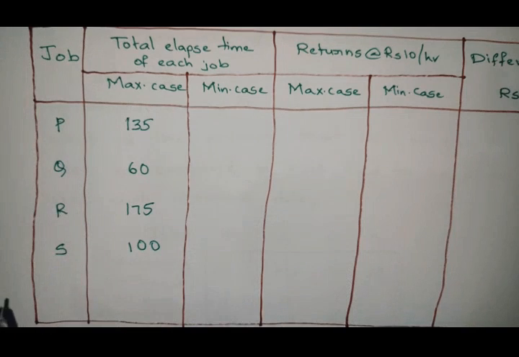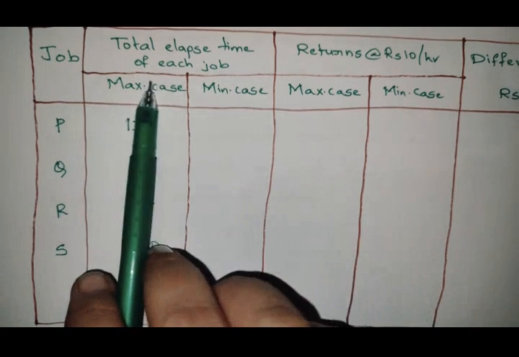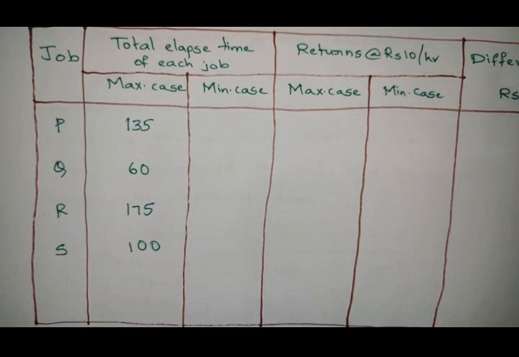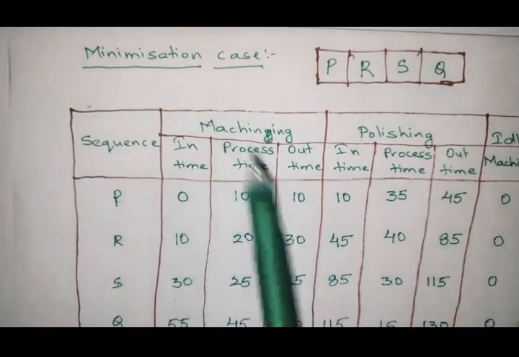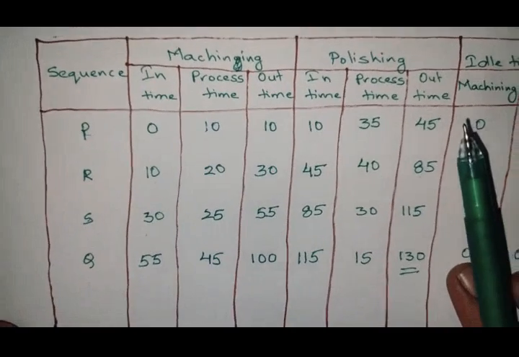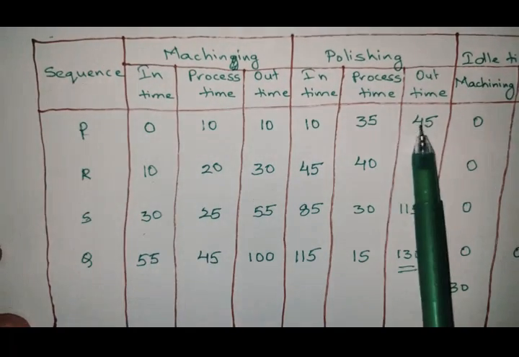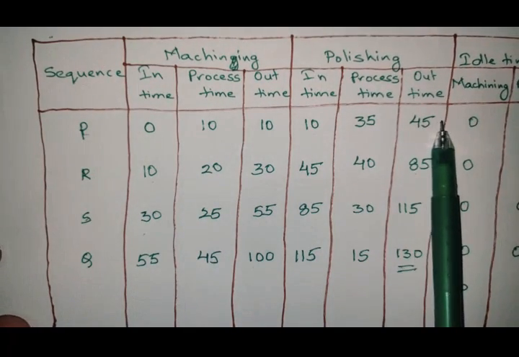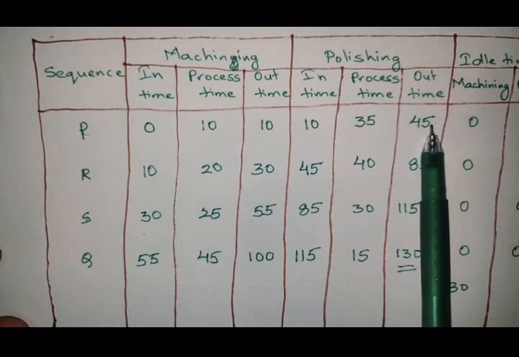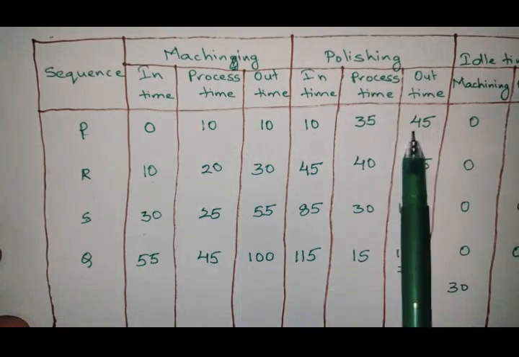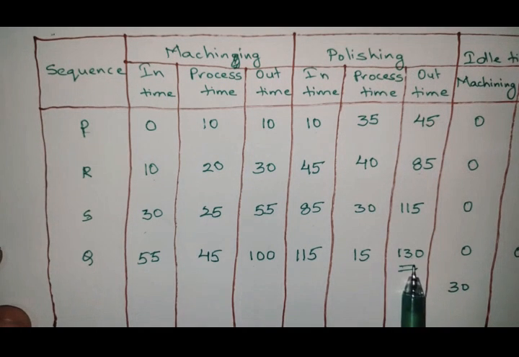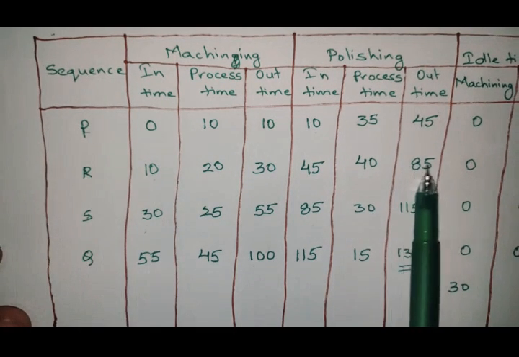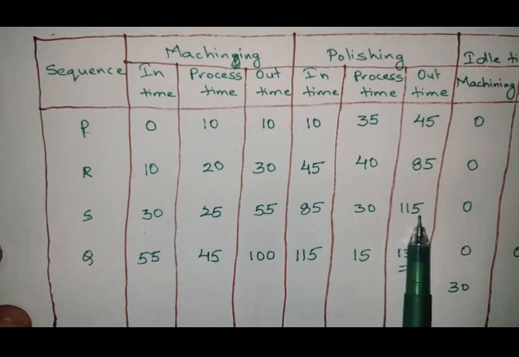And next let us write the total elapsed times of each job in the minimization case. In the minimization case, the total elapsed time for job P is 45, so by the 45th hour it completes both machining and polishing. For job Q 130, for job R 85, for job S 115.